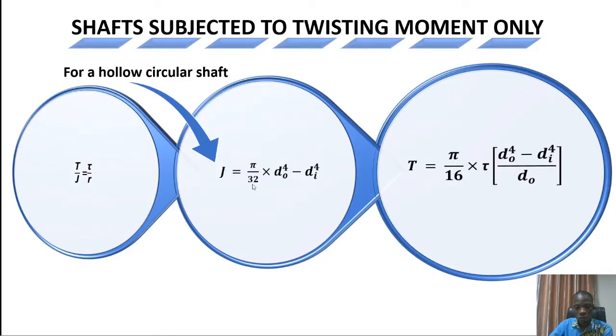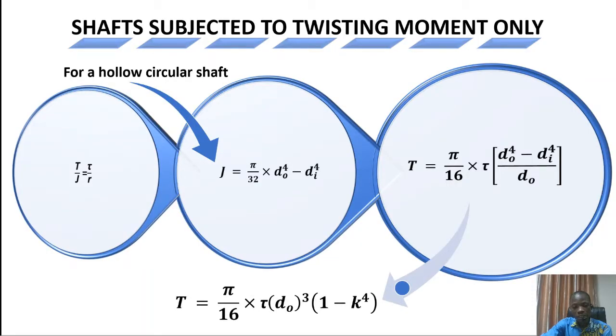If we substitute this value of J into the equation, we have T equal to pi on 16 times tau, in bracket d naught exponent 4 minus di exponent 4, divided by d naught. That gives us the expression for the torque.